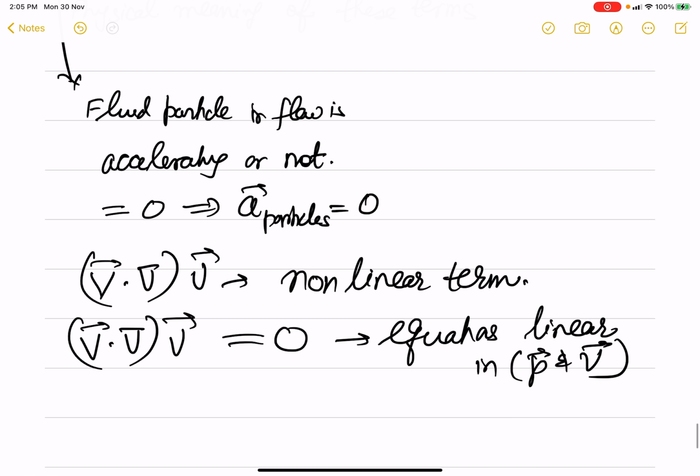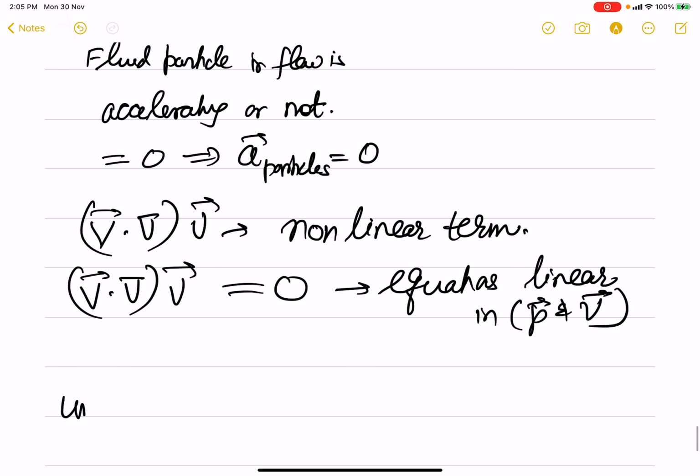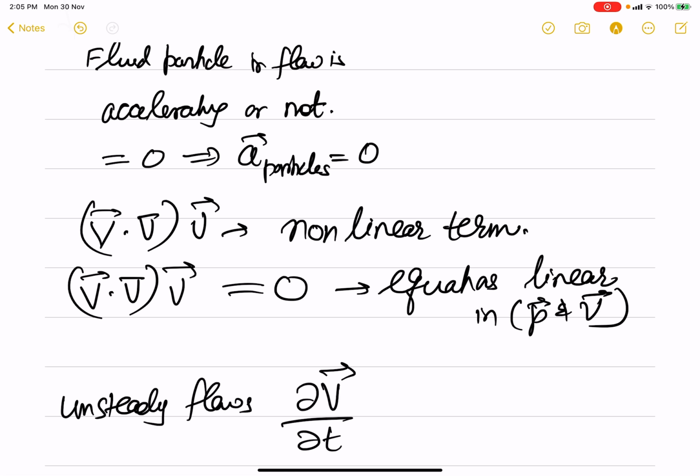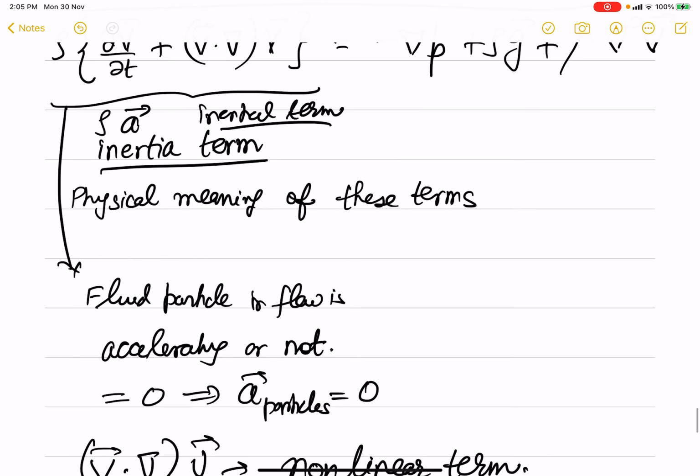In case of unsteady flows, in general, partial v by partial t will not be 0 and fluid particles will accelerate.